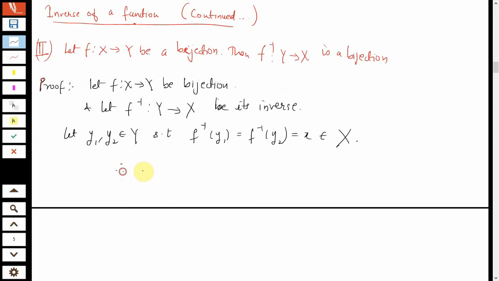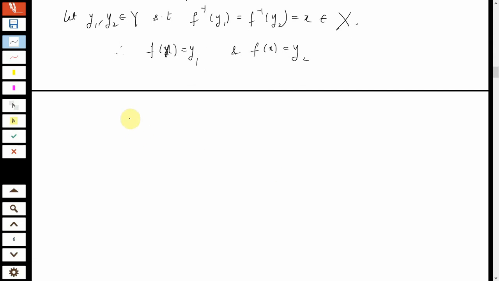So we have f of x is equal to y1 and f of x is equal to y2. So this says that y1 is equal to y2 as we wish. So therefore we can say now that f inverse from Y to X is 1-1.